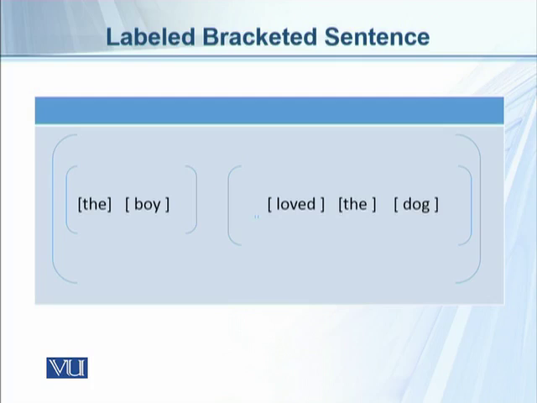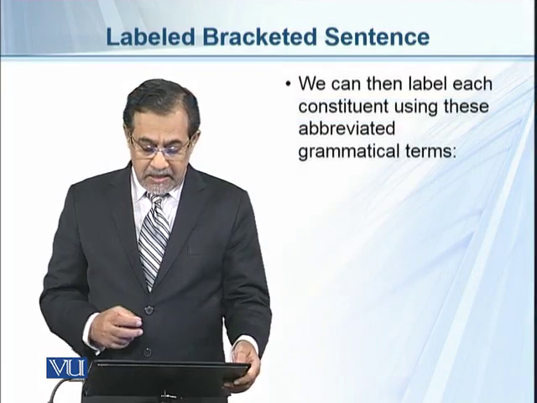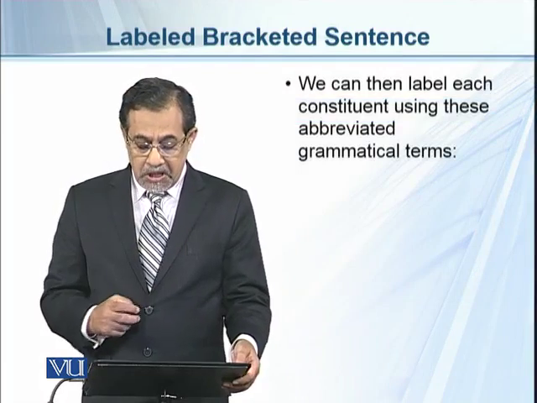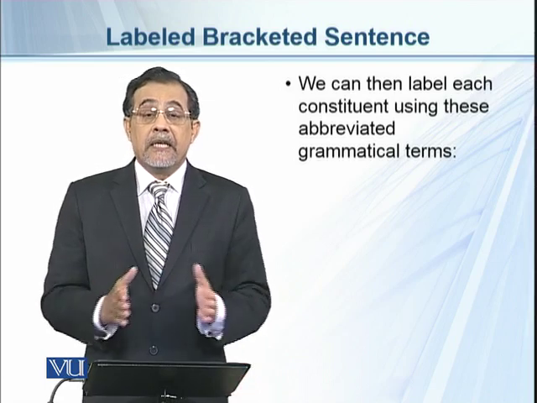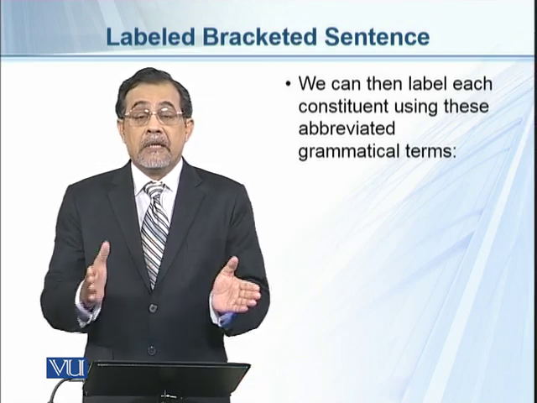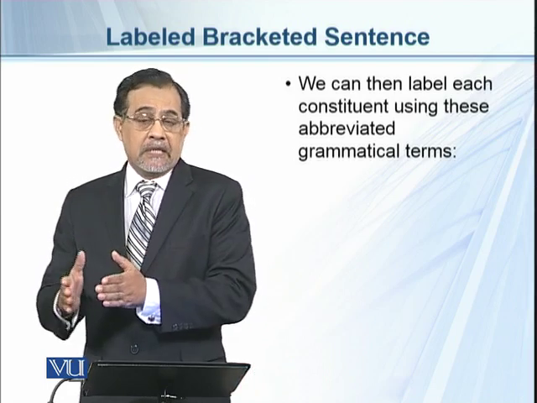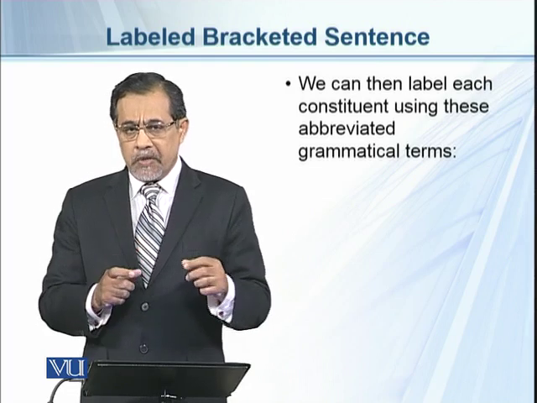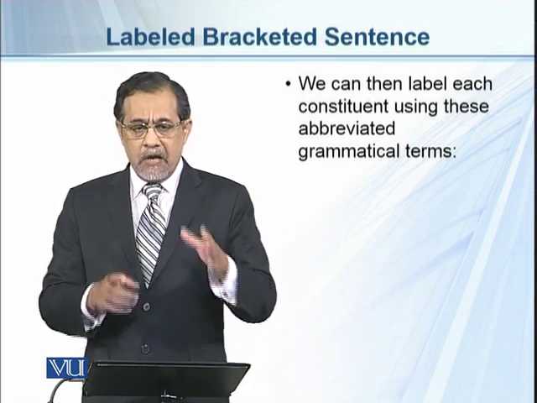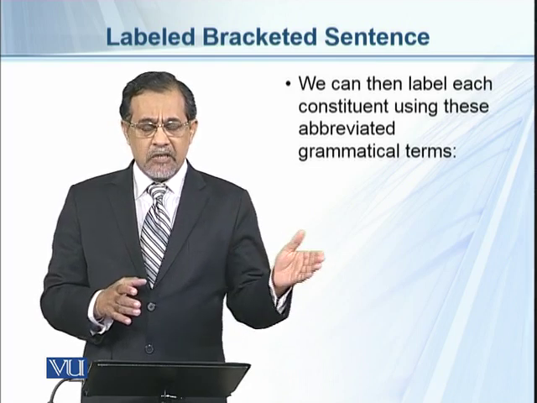When we have diagrammed or put brackets around each constituent, we reach the minimal constituent in a sentence. Now we can label each constituent using these abbreviated grammatical terms. We have divided each constituent from the others on the basis of words, phrases, and then the whole sentence. Now we can label each constituent and each group of constituents at word, phrase, and sentence level.